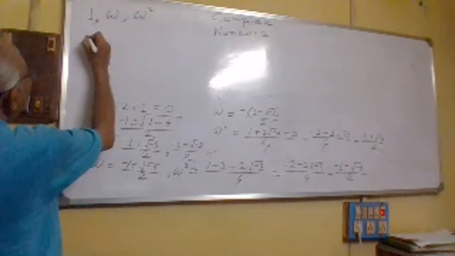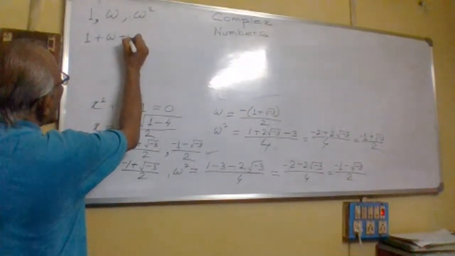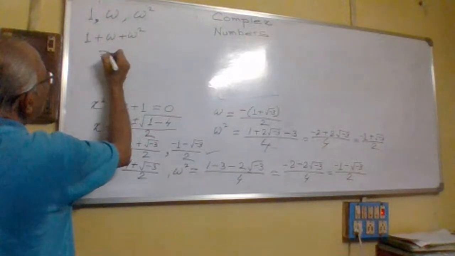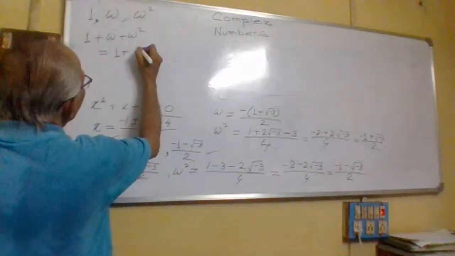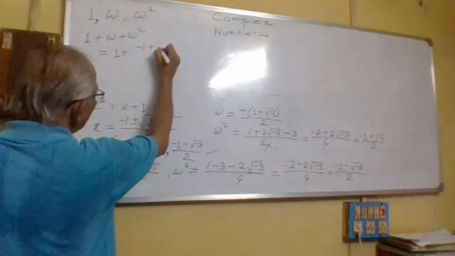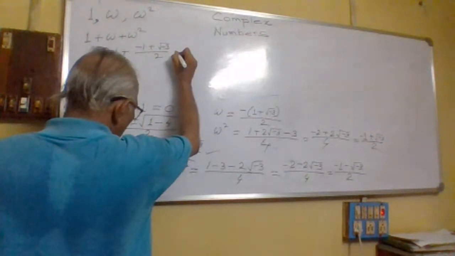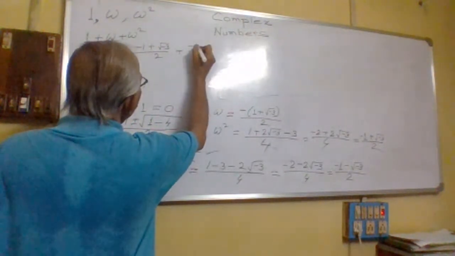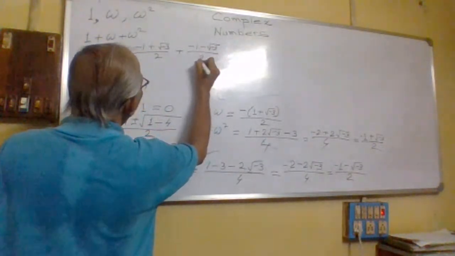And if you compute 1 plus omega plus omega square, what will you get? 1 plus minus 1 plus root of minus 3, by 2, plus minus 1 minus root of minus 3, by 2.